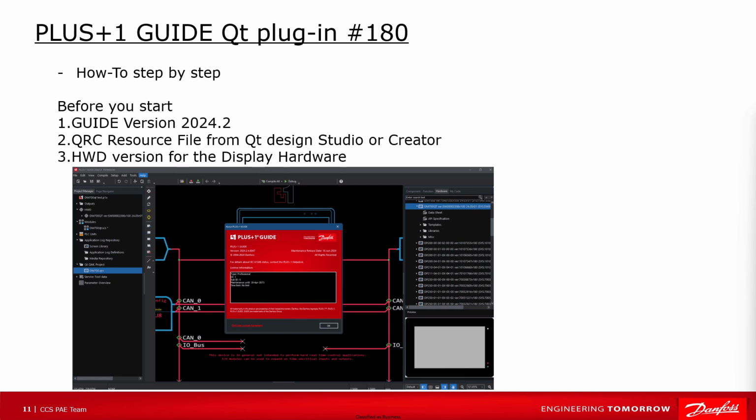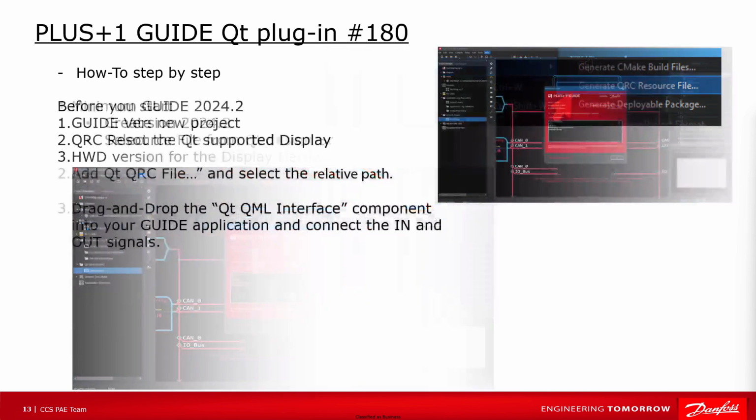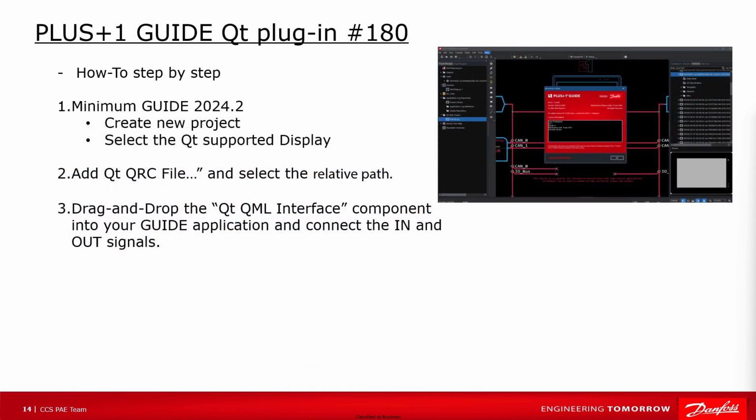Before you start creating a new project, guide version 2024.2 or later needs to be installed, since this is the minimum software version needed to use Qt in guide. A generated QRC resource file from Qt Design Studio or Creator must exist, and the HWD version for the display hardware which supports Qt needs to be installed. As soon as these requirements are met, we can start.